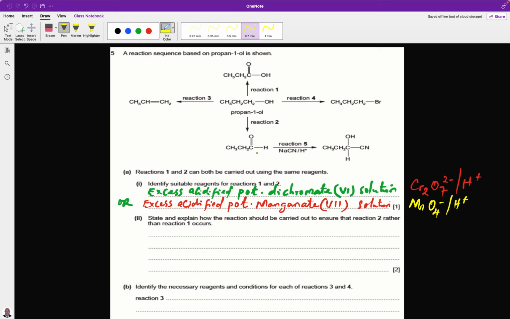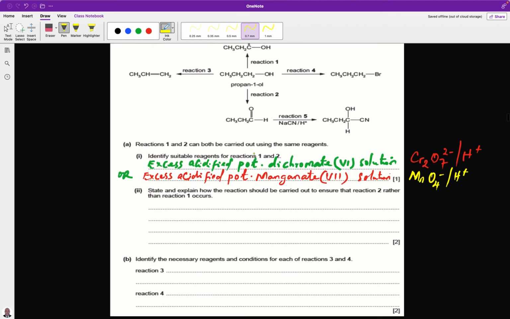So state and explain how the reaction should be carried out to ensure that we do the oxidation and get just propanal. We don't go to the acid. In order to get just the aldehyde, in this case propanal, what will be the condition?